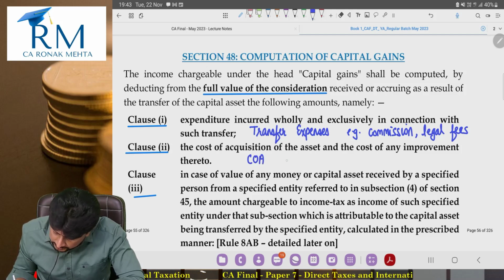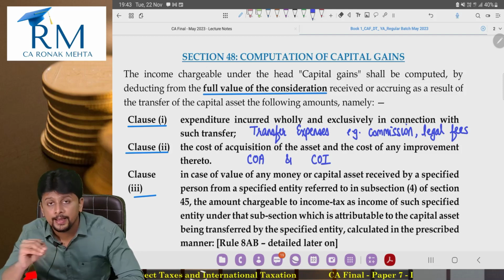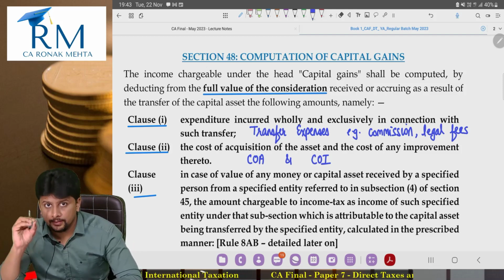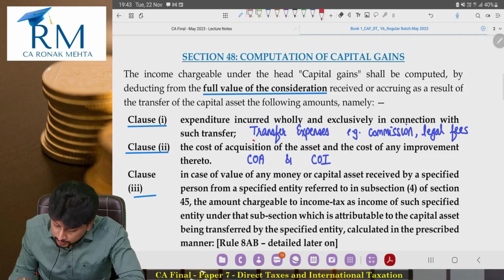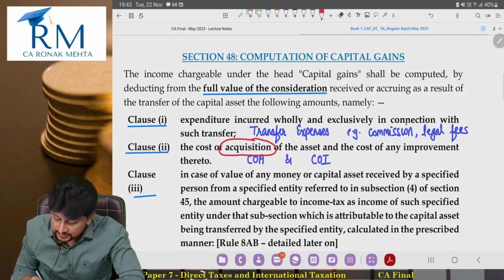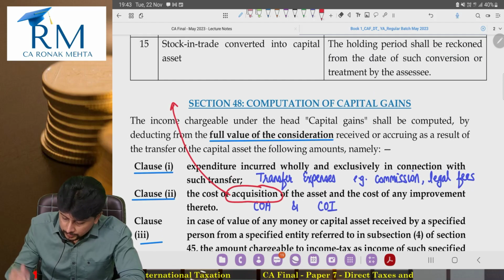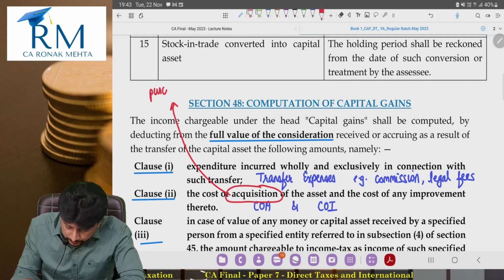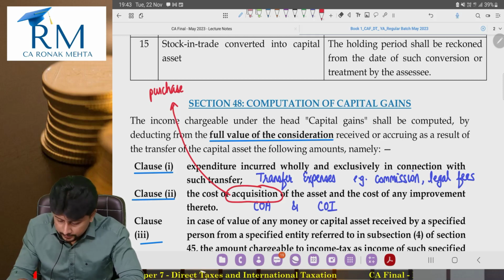Cost of acquisition and cost of any improvement. Cost of acquiring the capital asset and cost of improving it, making any improvement in it. Please observe, the word is not purchase, the word is acquisition. So the word purchase, yes, obviously will be covered in this definition, purchasing the capital asset.